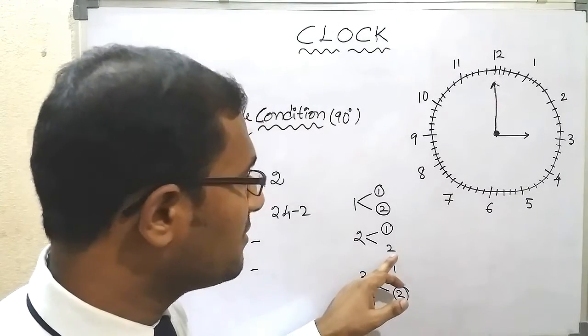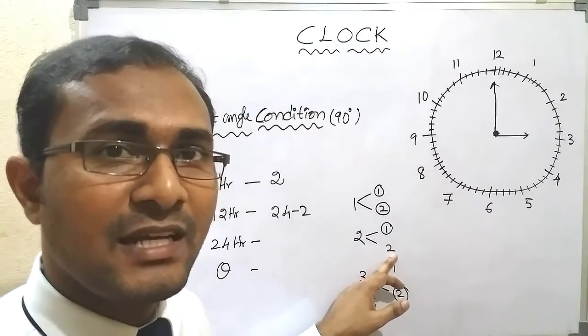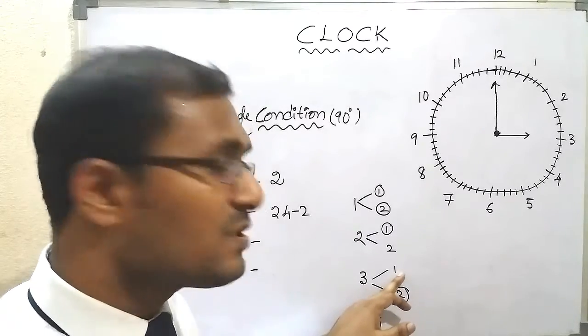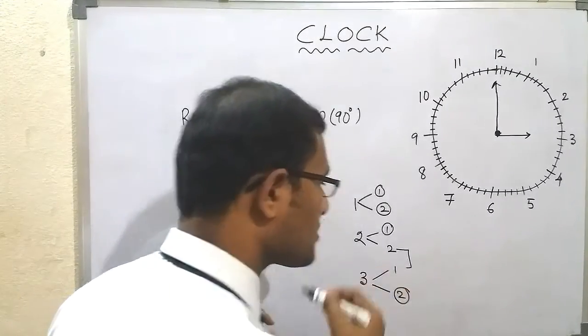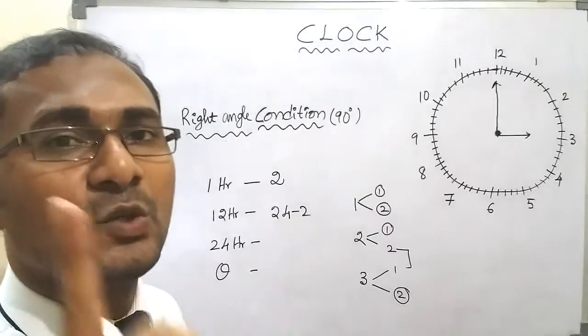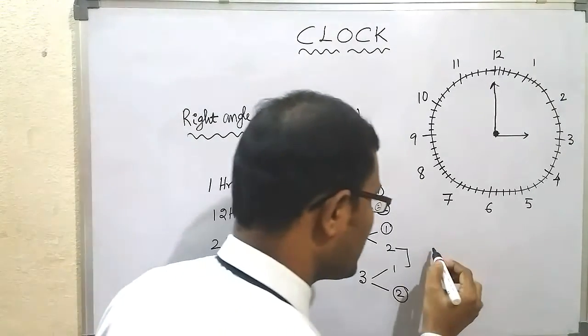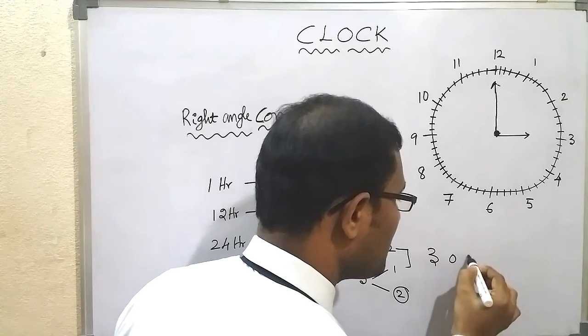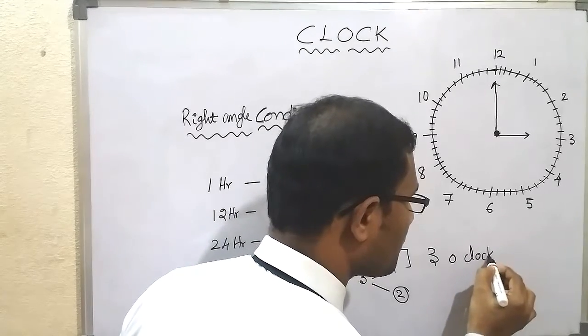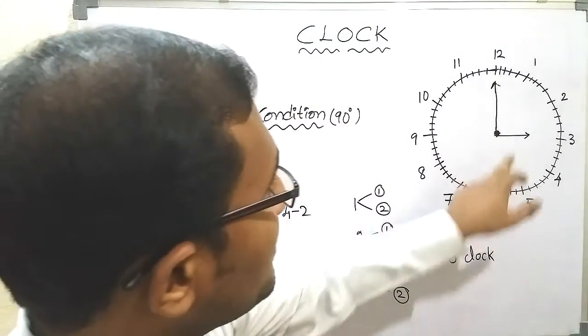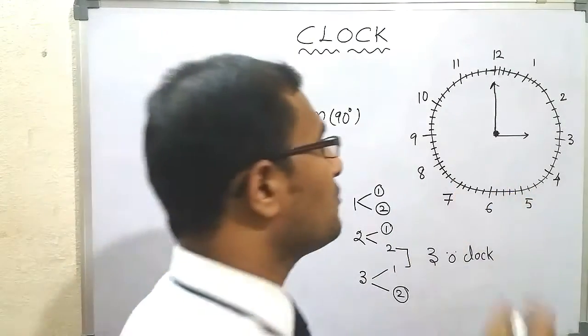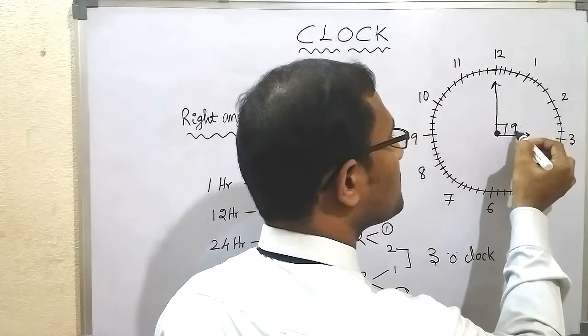So for 2 o'clock there is no separate second condition, and for 3 o'clock there is no separate first condition, but these two conditions together take place when the time is 3 o'clock. What does it mean? When the time is 3 o'clock, we are able to see the 90 degrees condition.